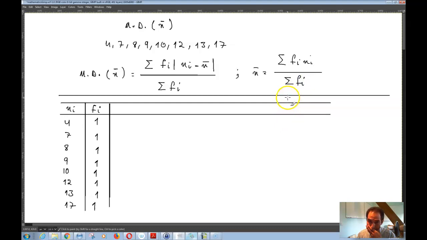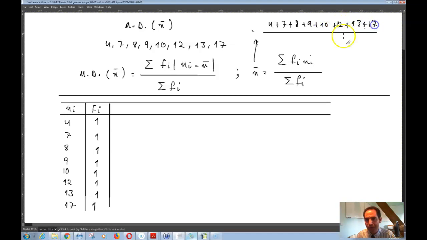Of course, the mean of this data is just the sum of all the observations divided by the number of observations. So the mean is going to be 4 plus 7 plus 8 plus 9 plus 10 plus 12 plus 13 plus 17, divided by the number of them, which is 1, 2, 3, 4, 5, 6, 7, and 8.